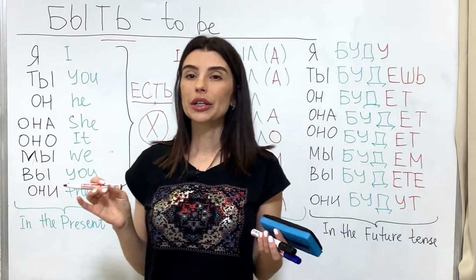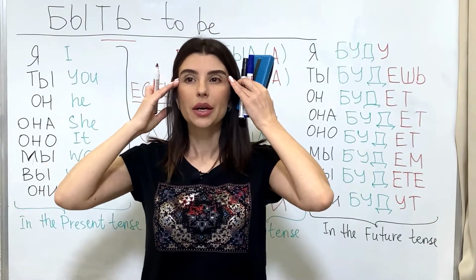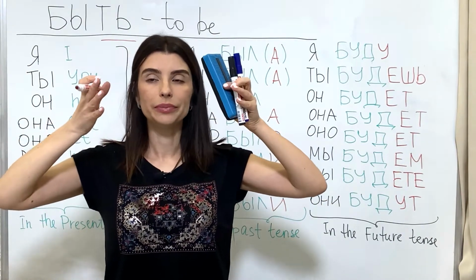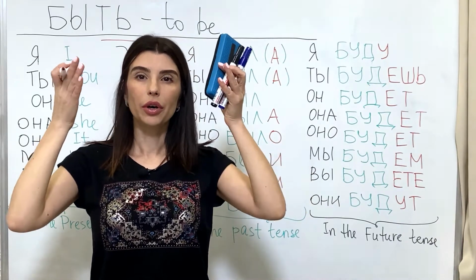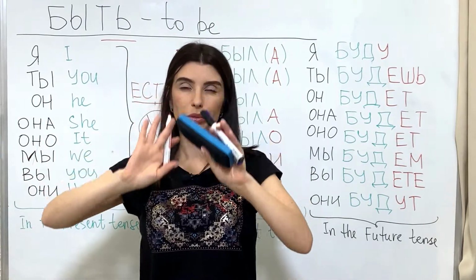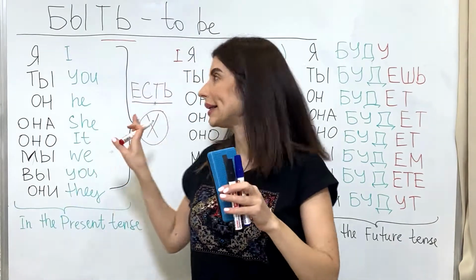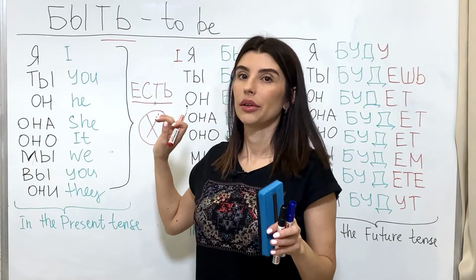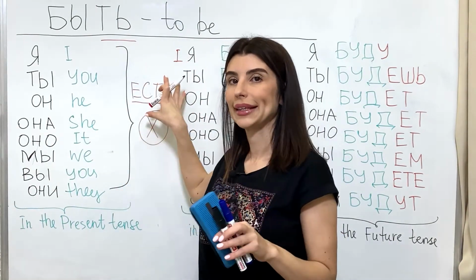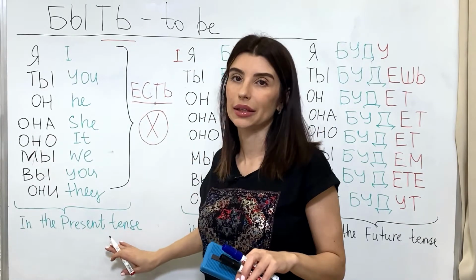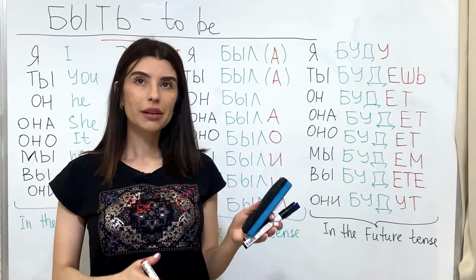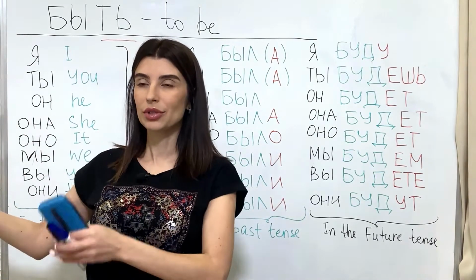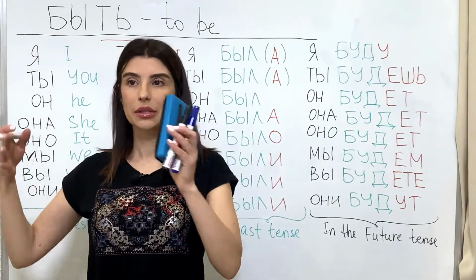Sometimes you understand that between these two words there can be the verb to be, but we just don't pronounce it. It's есть. This is the verb есть in present tense. Just like я есть студент. I am a student.